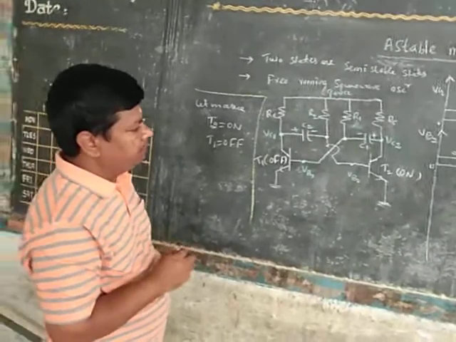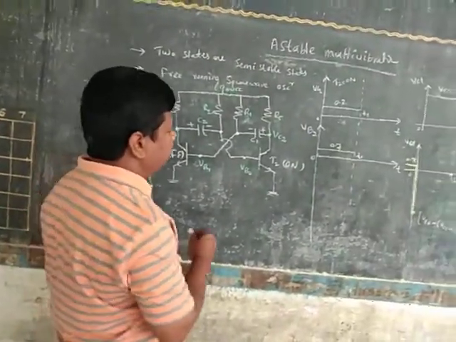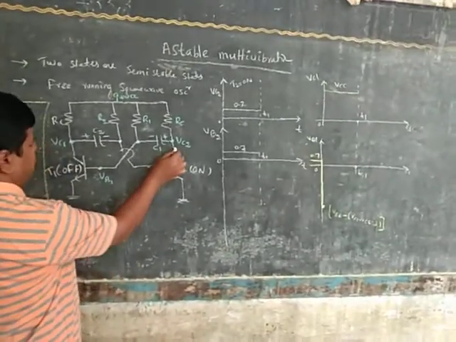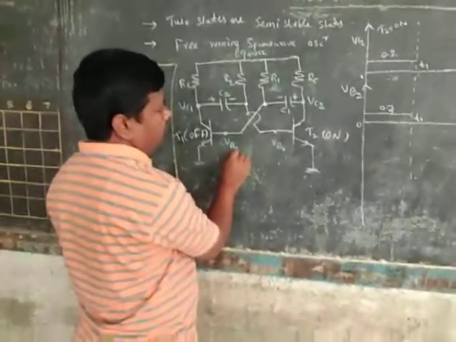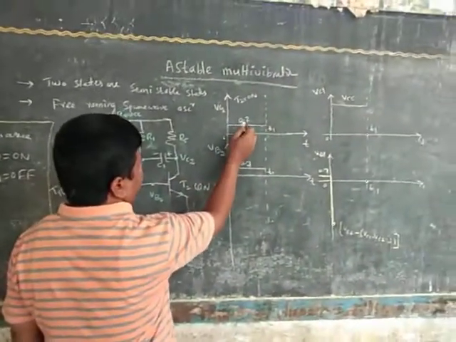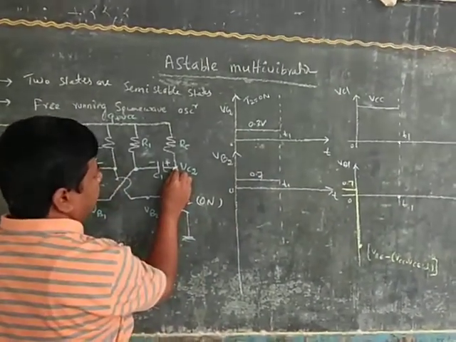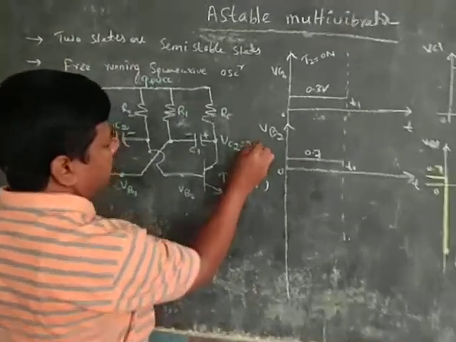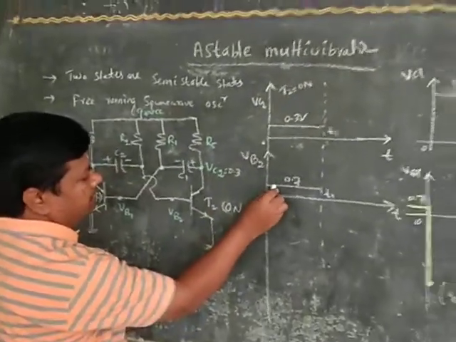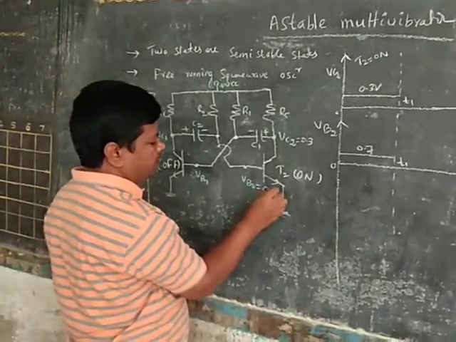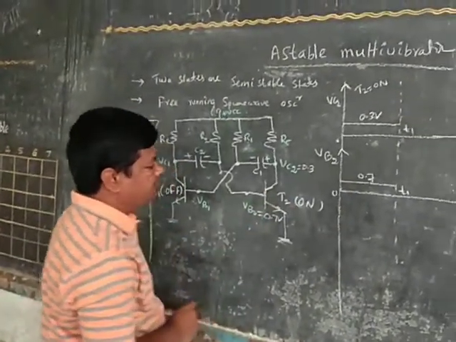Then coming to the voltage levels, these are the four voltage levels: VC2, VC1, VB2 and VB1. Here VC2 is 0.3 volts. Why? Because T2 transistor is on, its collector voltage is 0.3 volts. Similarly, its base voltage is 0.7 volts.